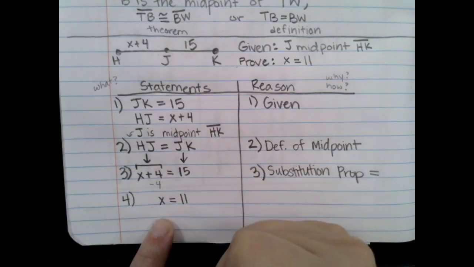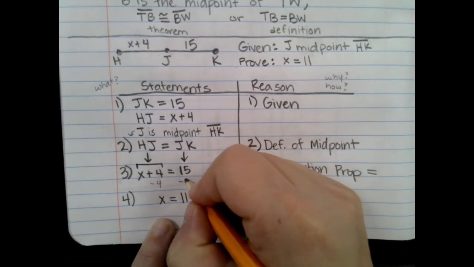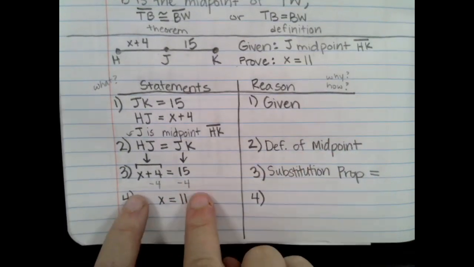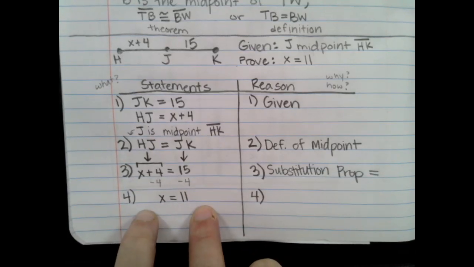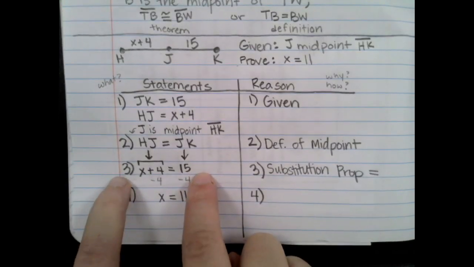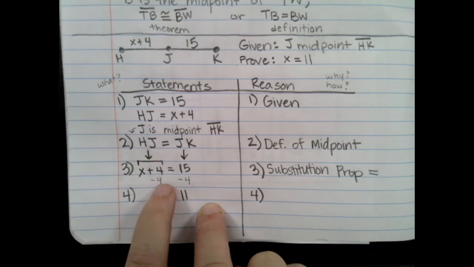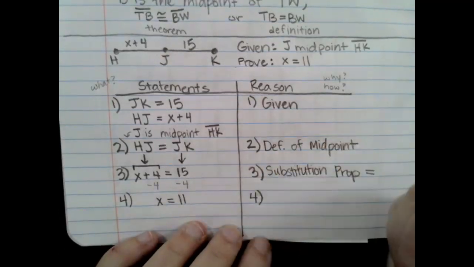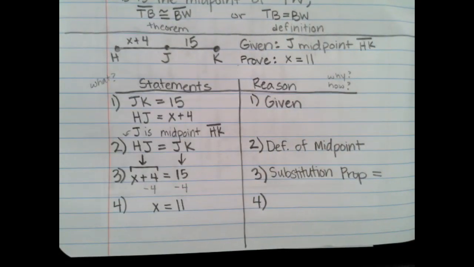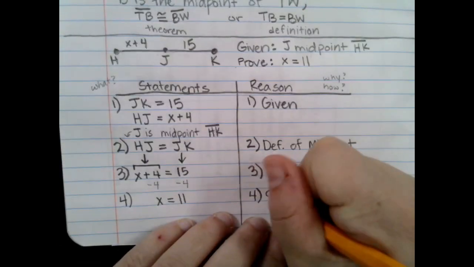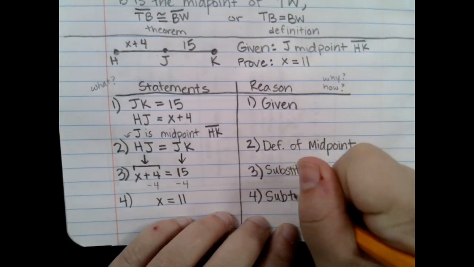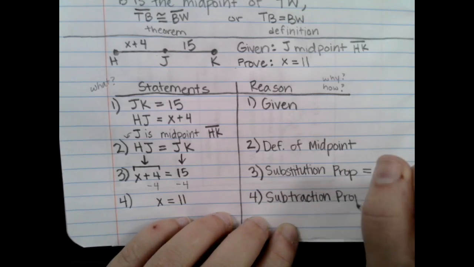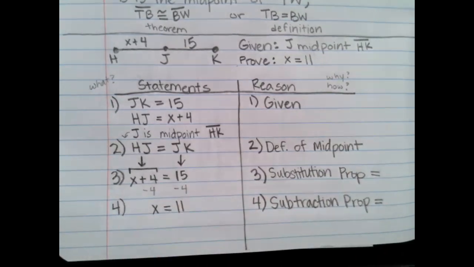If you minus 4 on one side, you minus 4 on the other side. Now, when you do your practice today, the practice does skip this work. It's going to go straight to the answer, and you have to think, how did they get from this one to this one? Well, they got rid of the plus 4, and what do we have to do to both sides to get rid of plus 4? So is that addition property of equality or subtraction property? Subtraction, because they subtracted on both sides.